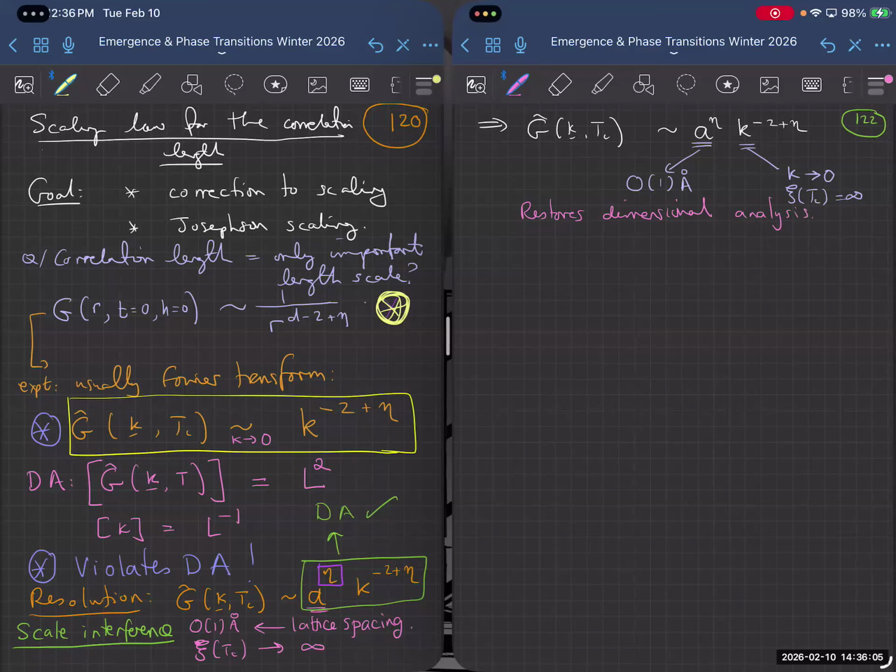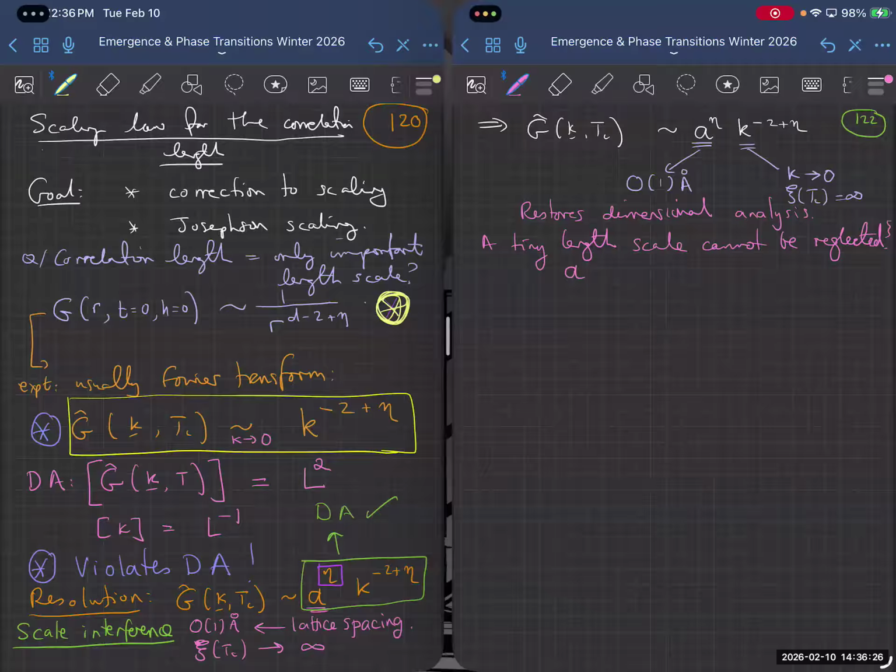It's really surprising that a tiny length scale cannot be neglected. And you might say, tiny with respect to what?